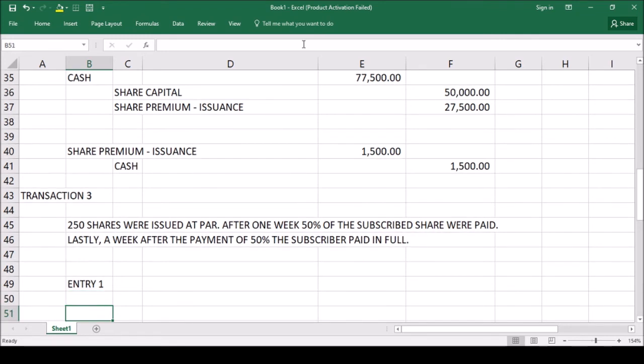Okay? First, in this case, we issue the shares at par. So if it was issued at par, our entry would definitely be subscription receivable.